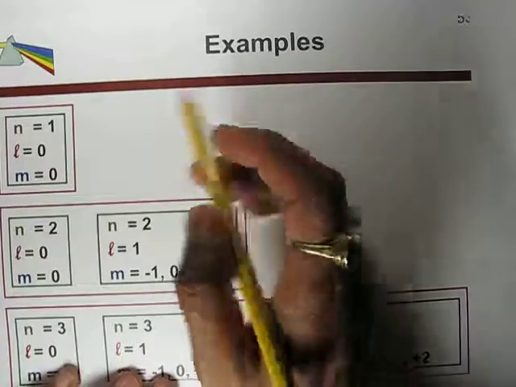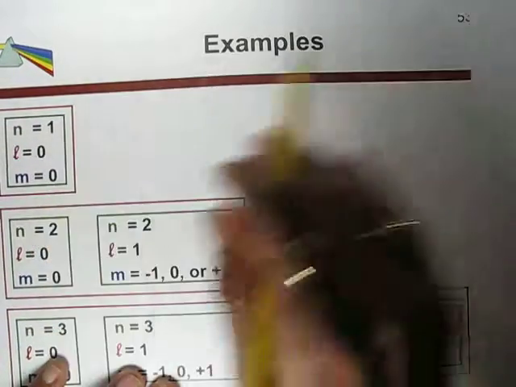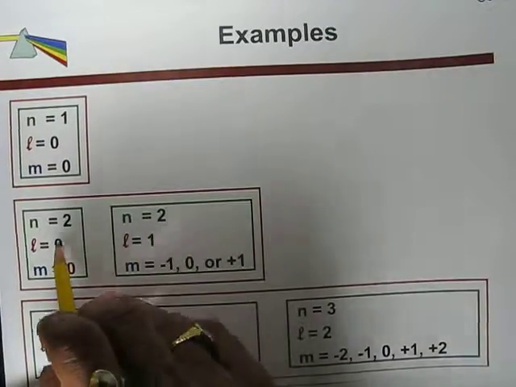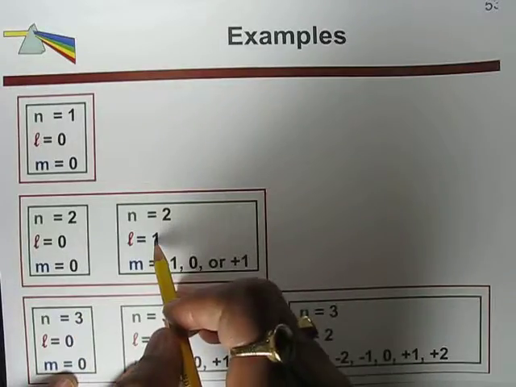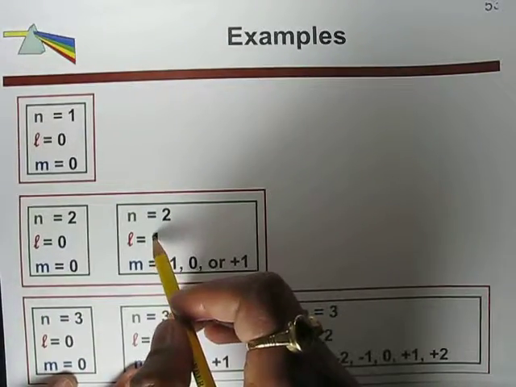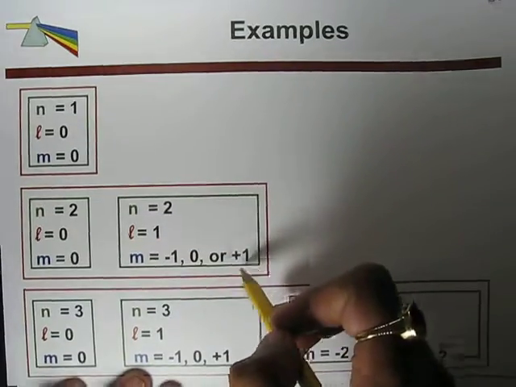So for small n equal to 1, l will be 0, and ml is equal to 0. For small n equal to 2, l will have 2 values, 0 and 1. Small ml will be 0, and for 1, ml will be minus 1, 0, and plus 1.